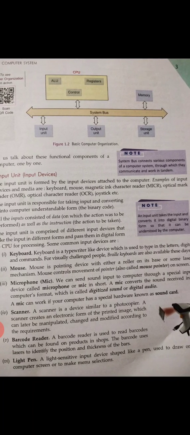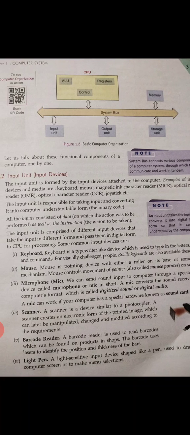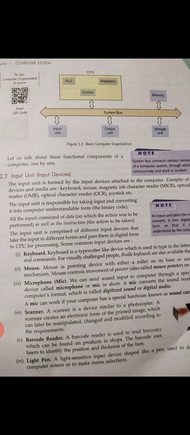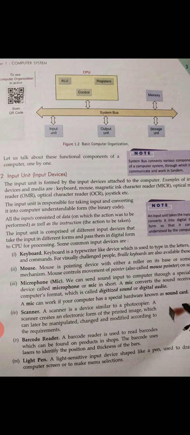An input unit takes the input and converts it into digital binary form so that it can be understood by the computer. Now students, binary form means a computer only understands 0 and 1. So the input unit takes the input, converts it into 0 and 1 form, and then it goes to the computer so that it can understand.